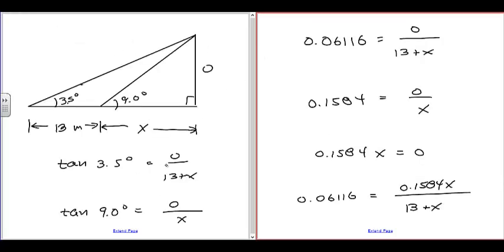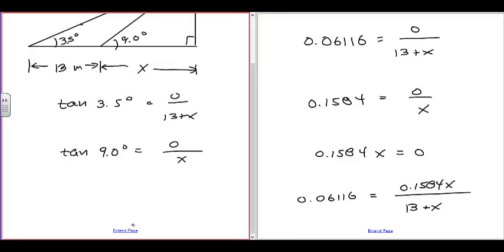Now let's just go back and check to make sure this works. What we said was the opposite side, which is the height, was equal to 1.295 miles. X was equal to 8.177 miles.